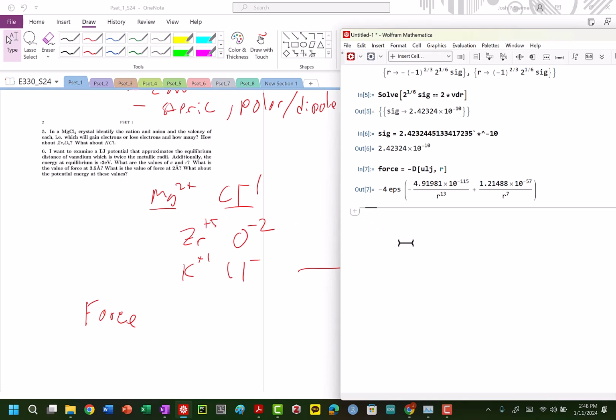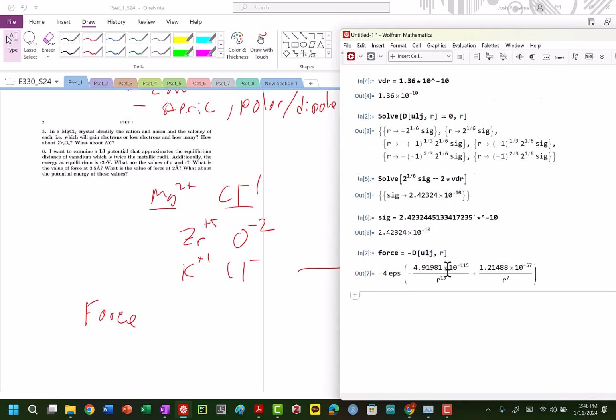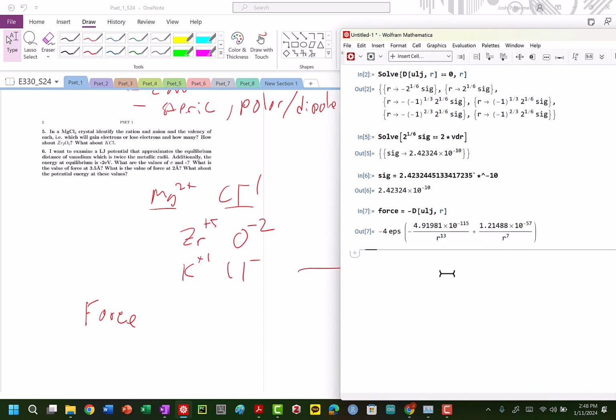So at equilibrium, we say U_LJ evaluated at r equal to 2 times VDR equals minus 2. We solve, and epsilon is equal to 2 eV. There we go. We found that value.